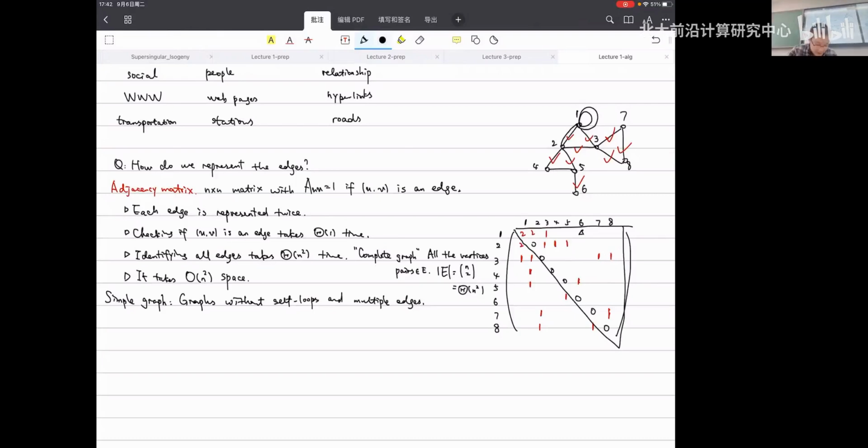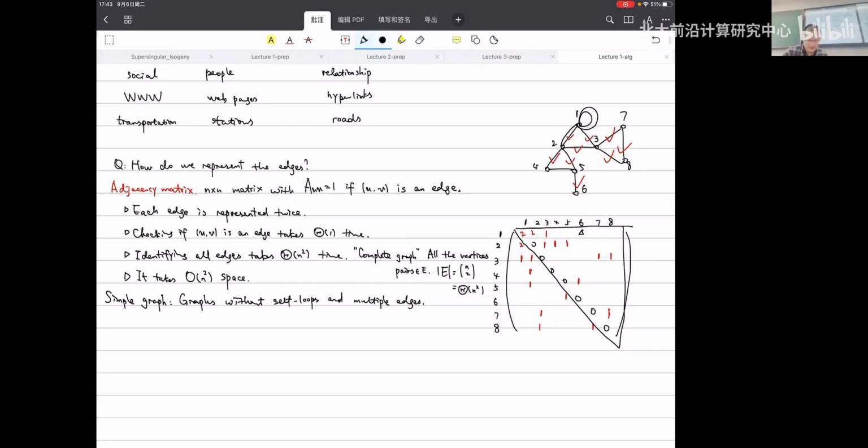I mean, this is a capital O here, a big O. I'm not writing a theta here because if your graph is super sparse, the number of ones is not at the same level as n squared, so you don't need to take a lot of space. But in the very worst case, if this is a dense graph, for instance the complete graph where everything is 1, storing it is of course going to take n squared space. So this is not something so good, and maybe we want to think about some other models.